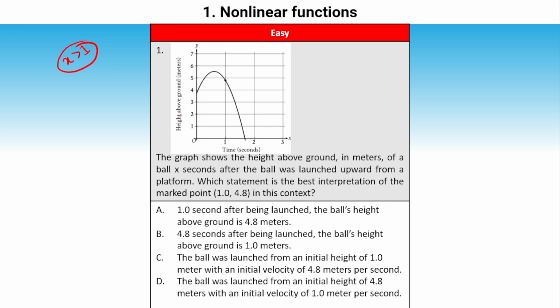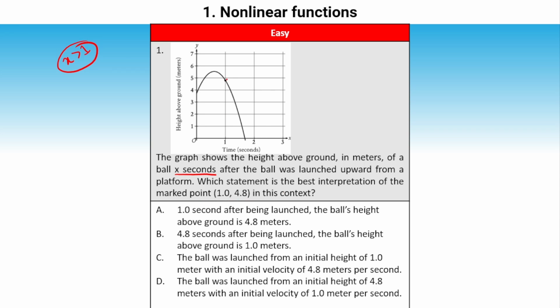Let's see. There is a graph showing the height above the ground, in meters, x seconds after a ball was launched upward from a platform. Which statement is the best interpretation of the marked point (1, 4.8) in the context?